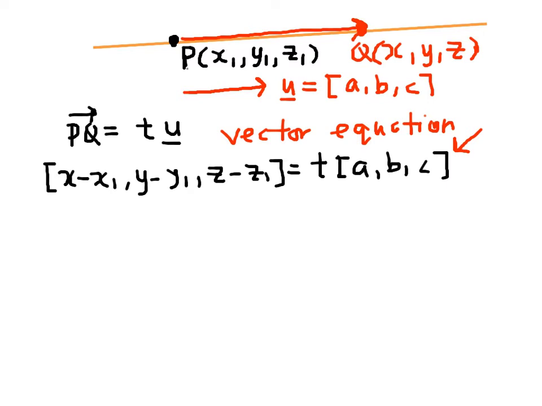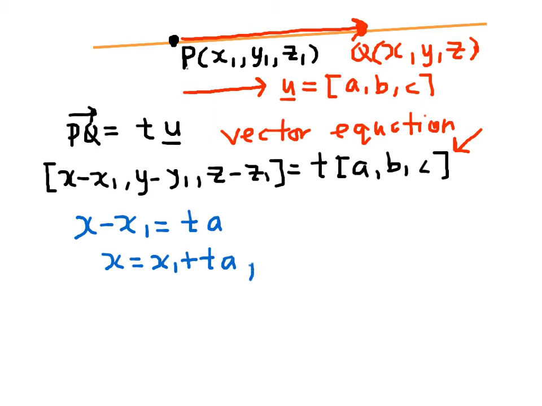But we need something more useful. This vector equation is nice, but we need something much more flexible. So let's compare: x minus x1 is equivalent to t times a. Similarly, y minus y1 is equivalent to t times b, and so on. So we are able to write x minus x1 equals ta, or x equals x1 plus ta.